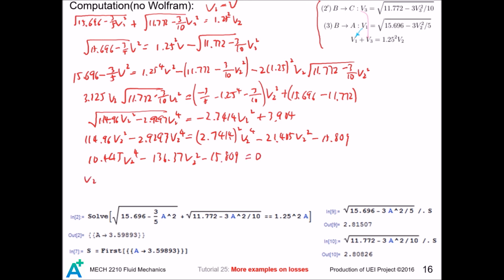Solving that, and we can plug in V2 into this formula, so that we can compute the flow rate.